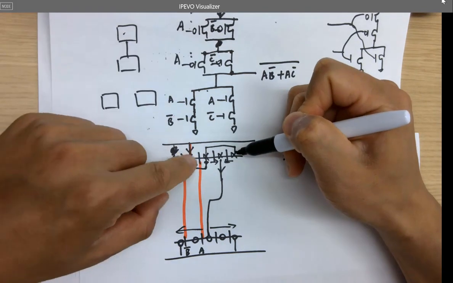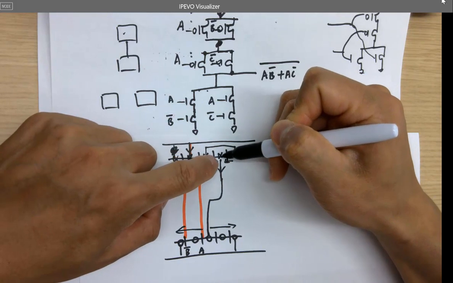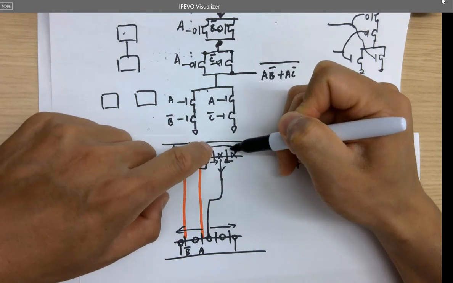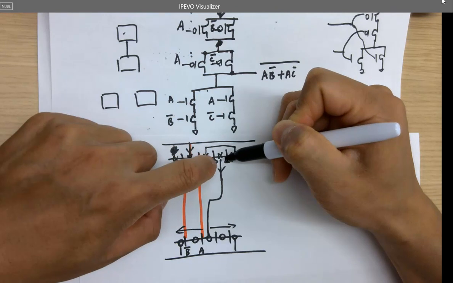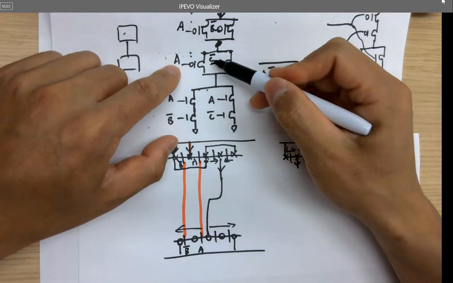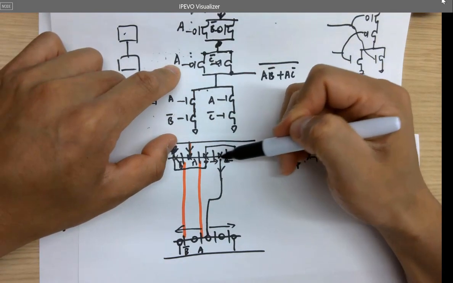So this same metal piece here getting split into two branches. One here, one here. So one must be A, one must be C naught, and they are interchangeable, so it doesn't matter actually.